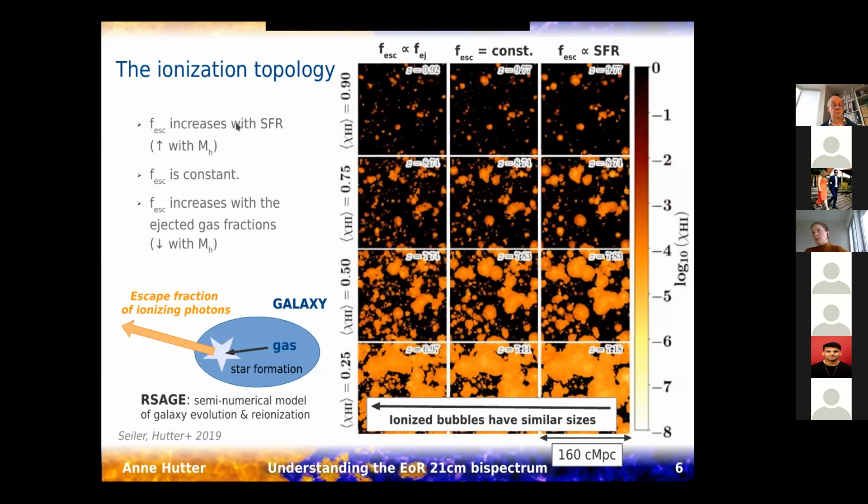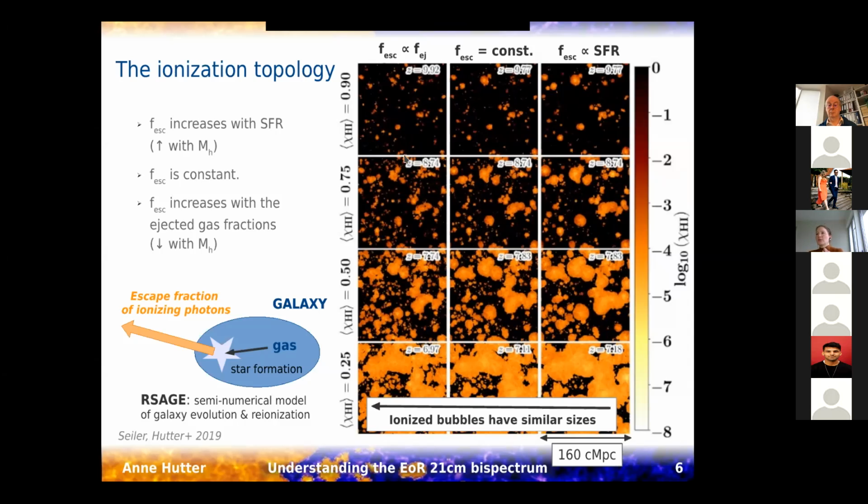We have then looked at the other 2 extreme cases. In one, the escape fraction scales with the star formation rate, which corresponds to an increase with the halo mass. This is what you see on the right-hand side. This results in the most massive galaxies having even larger ionized regions, while the least massive galaxies hardly have any small ionized regions around them.